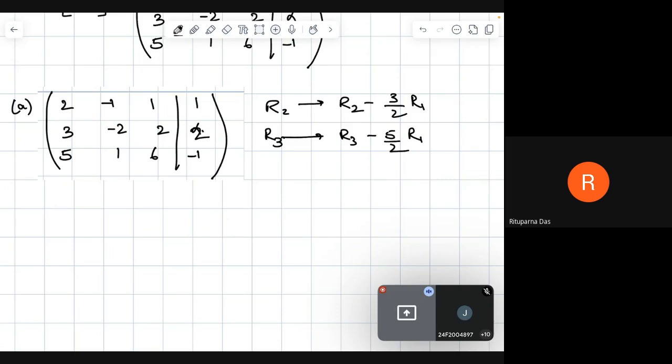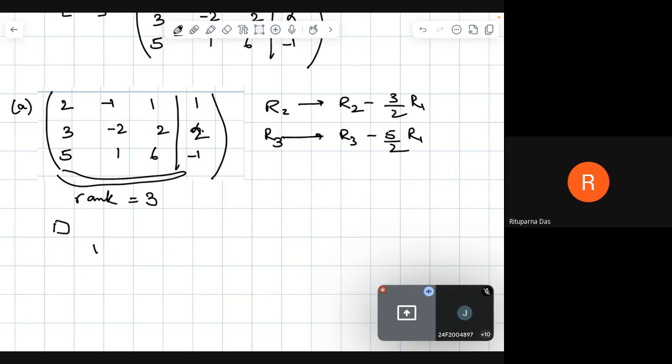We are applying elementary row operations here so that in what condition are we going to get unique solution? So if the rank of this matrix comes out as 3, right? So how will it appear?